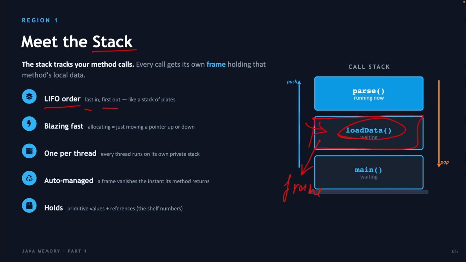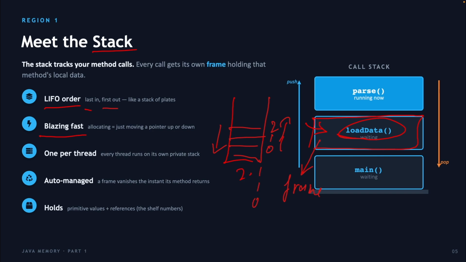Second, the stack is extremely fast. Creating space on the stack is basically just moving a pointer up or down. Consider these plates: 0, 1, 2. We move the pointer up whenever we put data in the stack, and whenever we remove from the stack, we just decrease the pointer, from 2 to 1, 1 to 0.